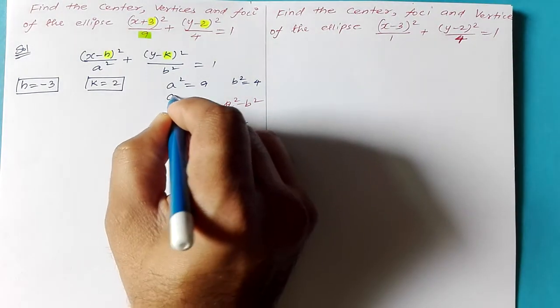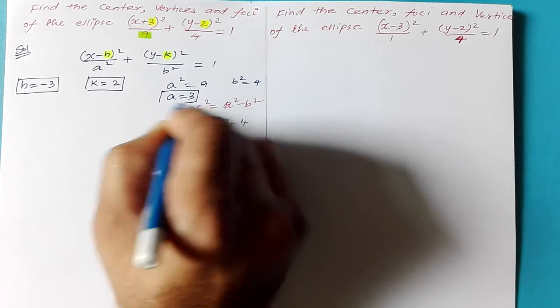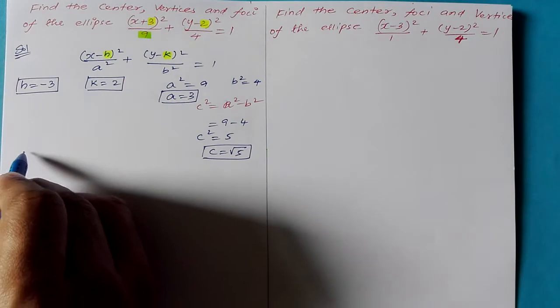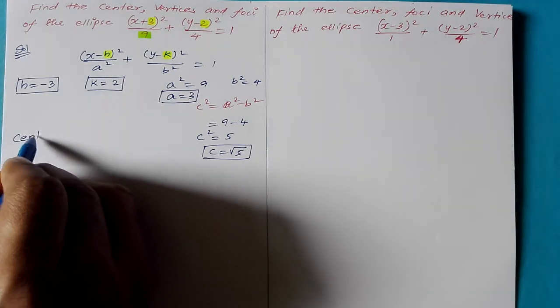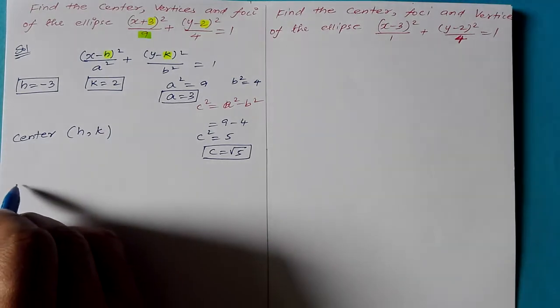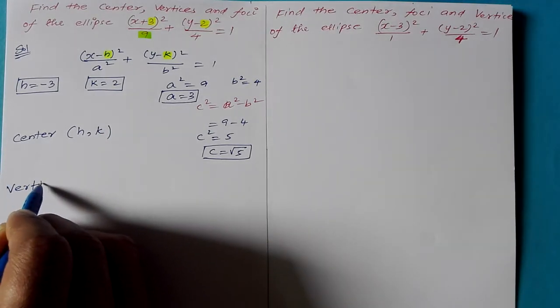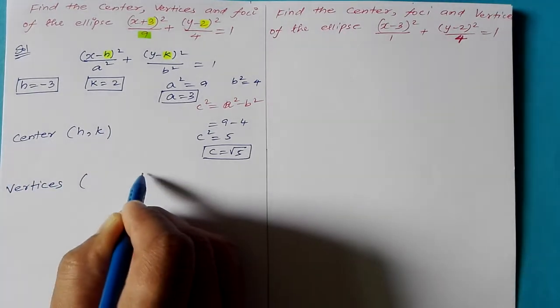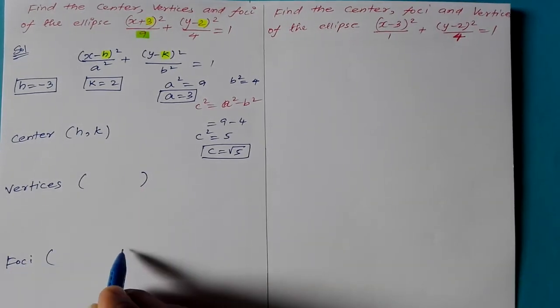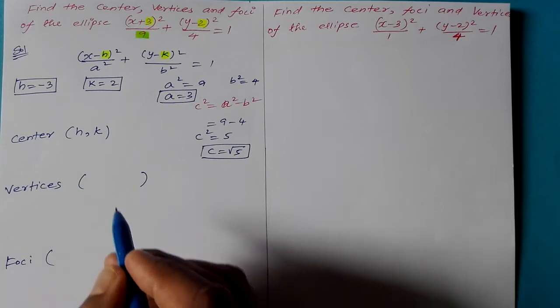Now what is your a here? 3. Now write the formulas here. What is the formula here? The center is h comma k. Vertices, what should be the value? And foci. What are the vertices here?